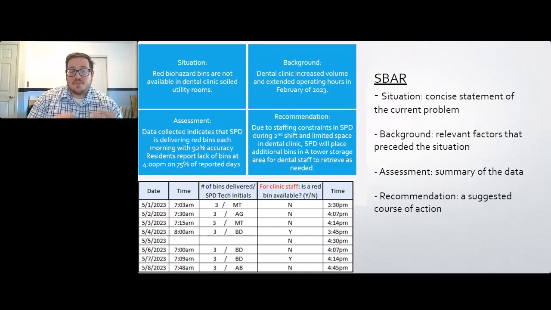You want to be able to show them the data and for it to be pretty clear that you've done your legwork, you know what's going on, and that you're coming to them with a very concrete solution. If you have had experience using SBARs, they can be a really valuable tool for purchasing equipment, capital requests, or process improvement.